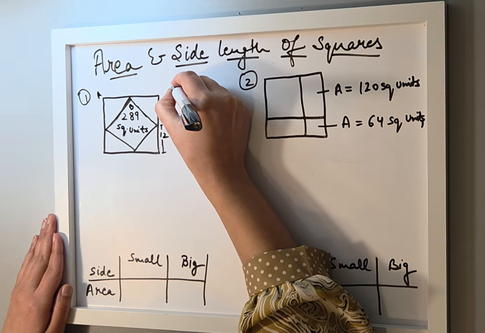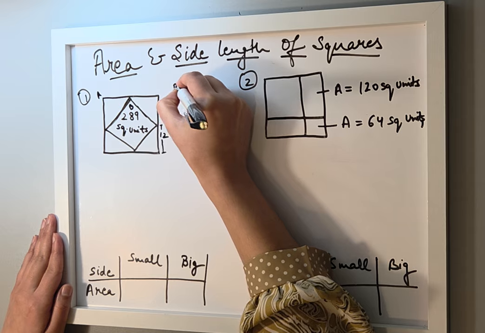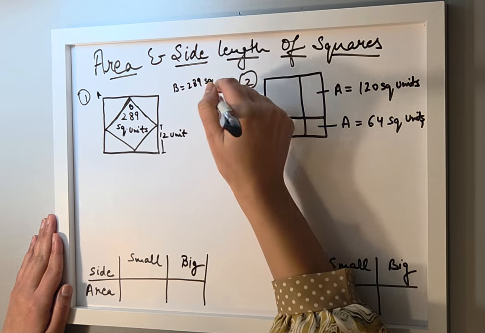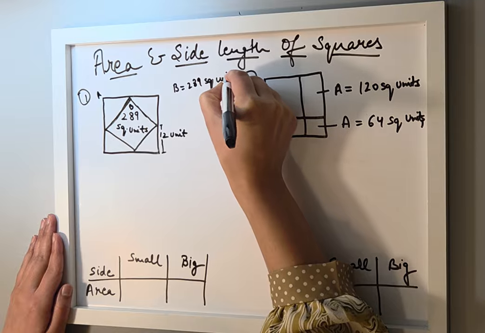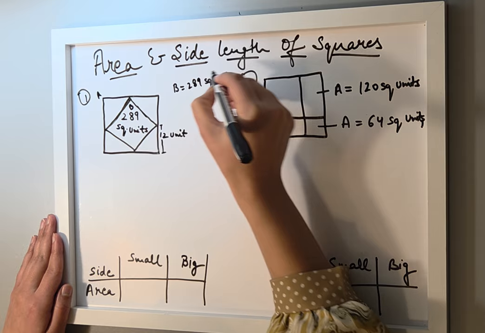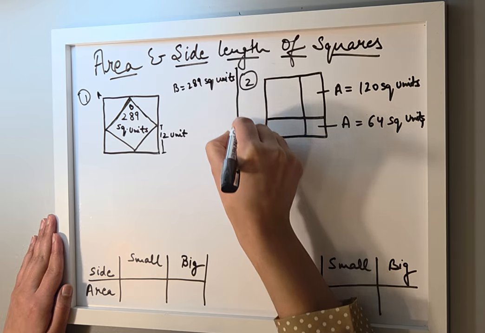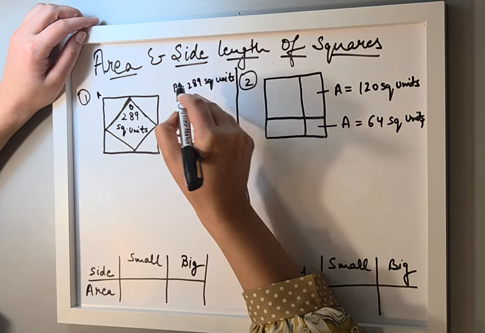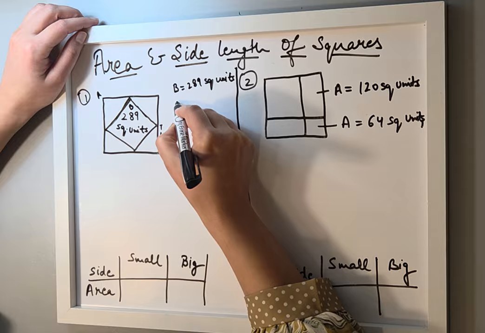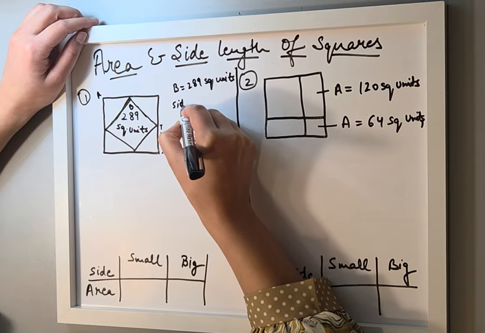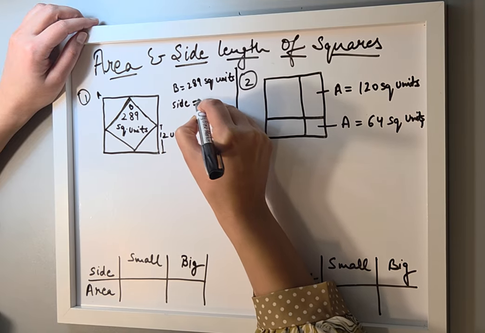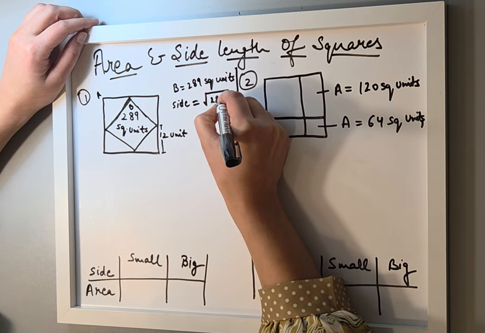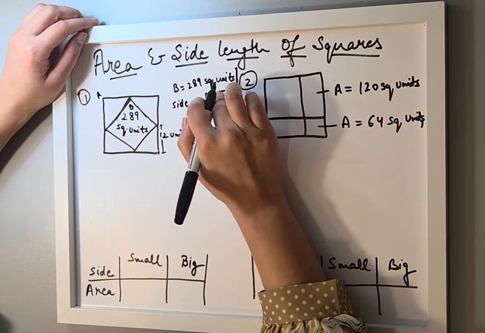We have the area of B as 289 square units. Now, if we want to find the side of this, we'll take the square root of 289, like we learned in the last class.